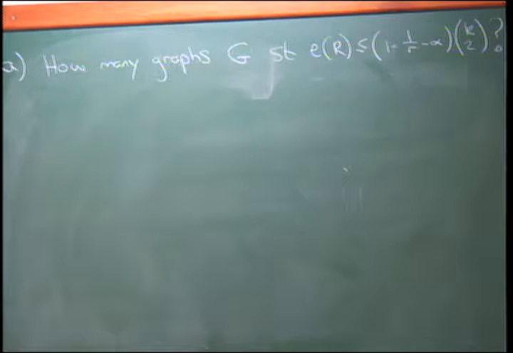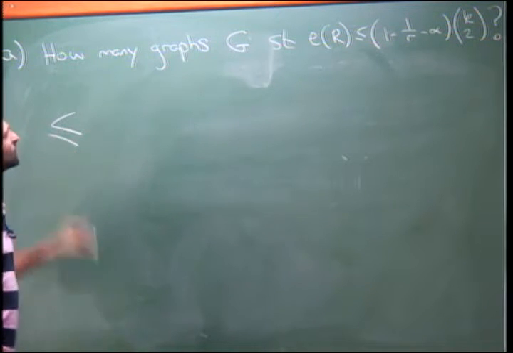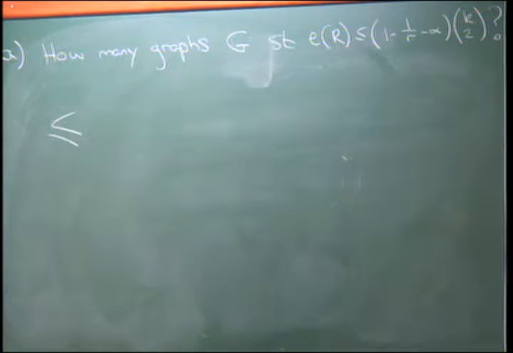How are we going to count that? Well, the first thing we have to do is choose a Szemerédi partition. So there might be quite a lot of ways of doing that. But how many? Well, for each vertex, you choose one of the parts.